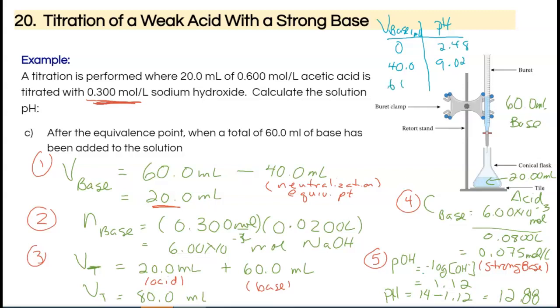And now we've added 60 mils, and that gives us a pH of 12.88. Great starting point for us to fill in some other data points. We just need to remember that after the equivalence point, it's the base that's going to contribute. So the calculation would look a lot like this.